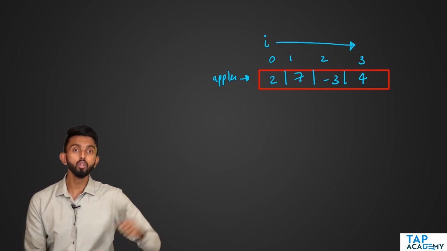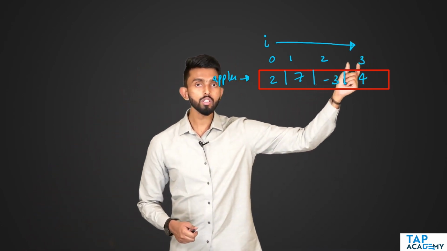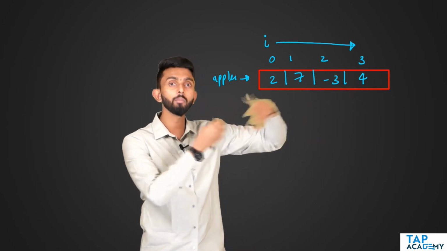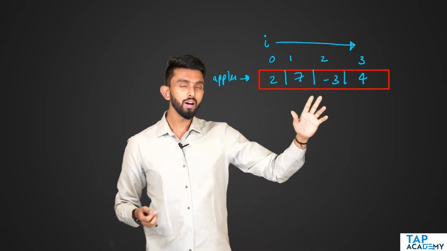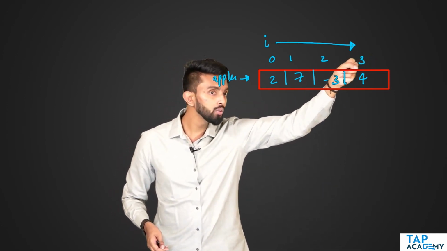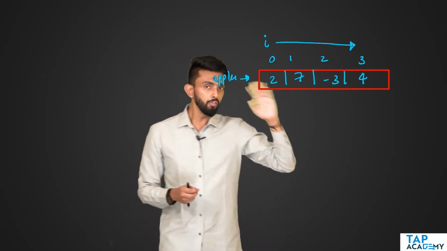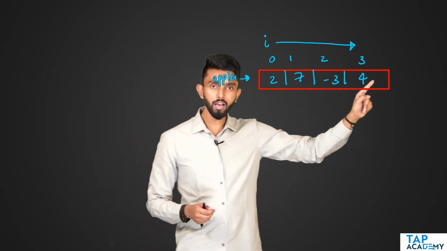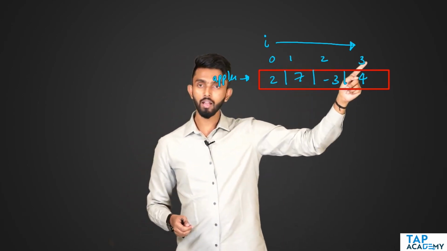Now, how will you know what this last index is? You will not know, because there may be 4 elements, 400 elements, or 10 elements. So you must write code which will automatically get you this last index. Very simple. If there are 4 elements, the first begins from 0 and the last ends at 3.